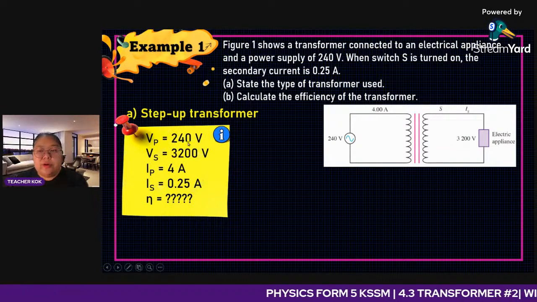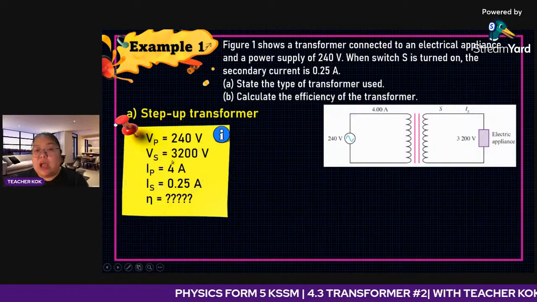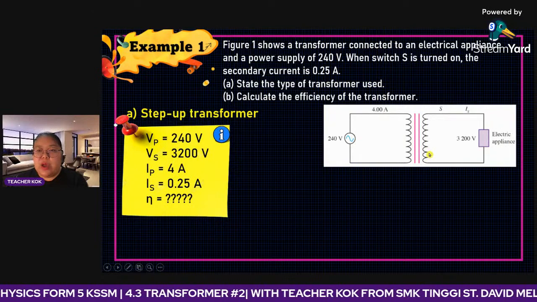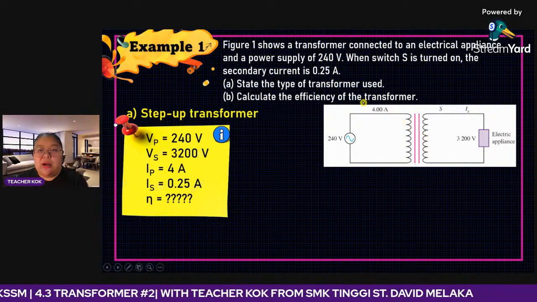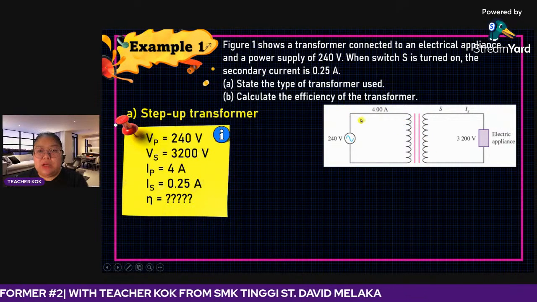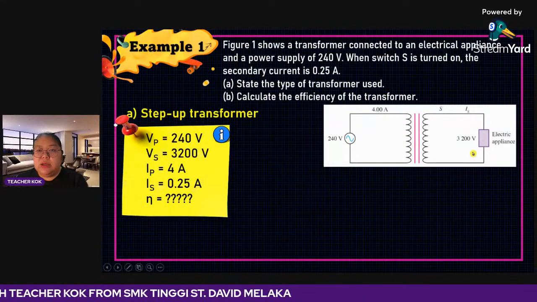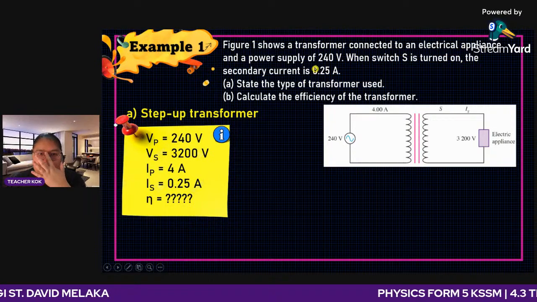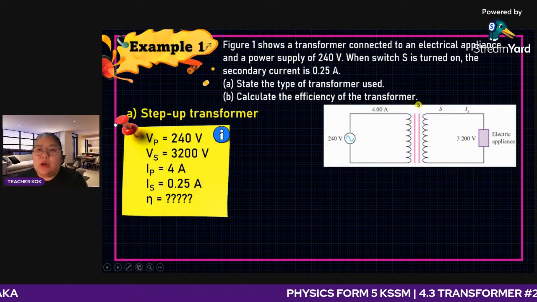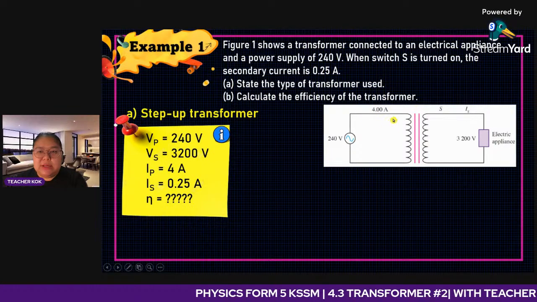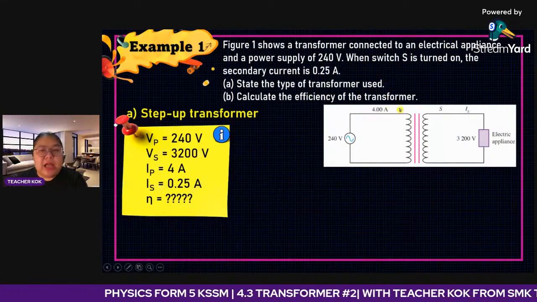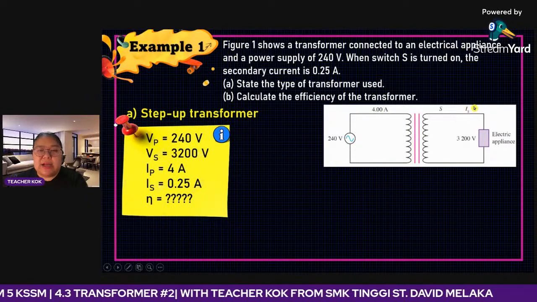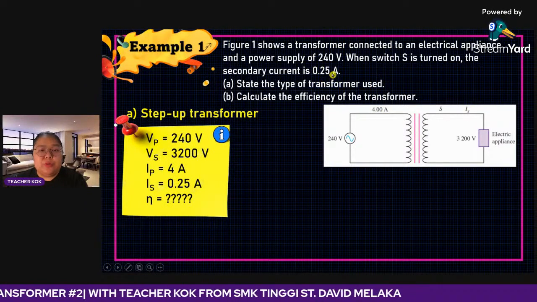Primary 240 volts, secondary 3,200 volts. Primary current is 4 ampere. Where do I get it? Wait, this one is the secondary, 0.25. The 4 ampere is here, you can see the 4 ampere from the diagram. This one is the primary. This one is the secondary, they already wrote 0.25.